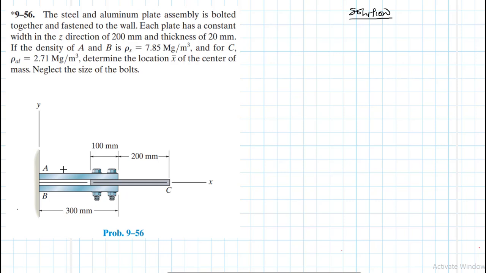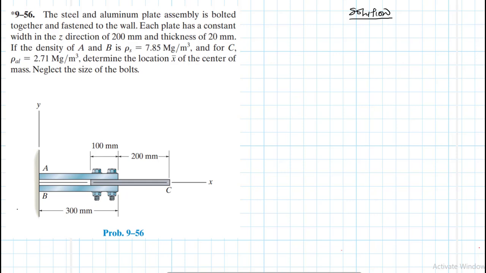Aluminium is also a homogeneous material. Its density is uniform throughout, and therefore its local centroid location coincides with the center of mass. But this time around we have a composite body.